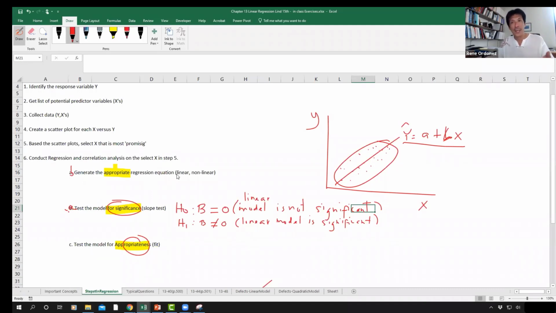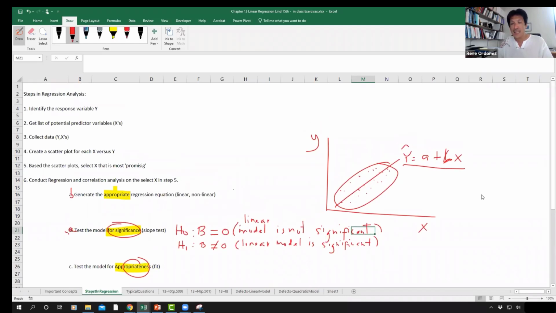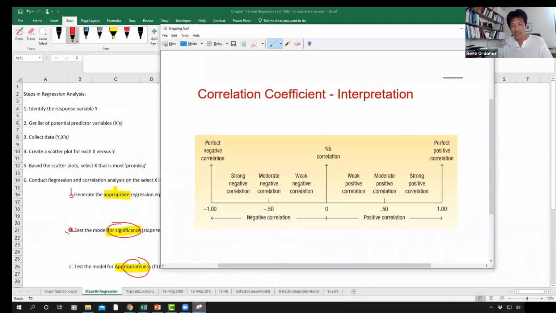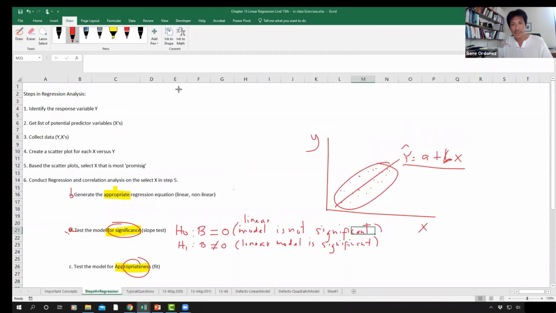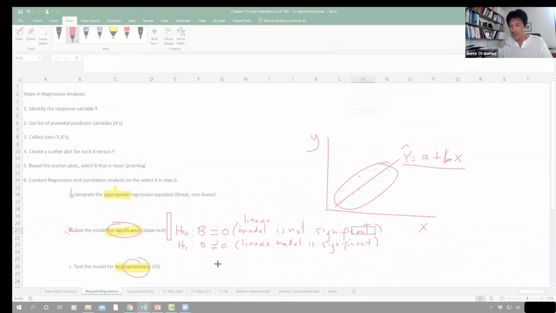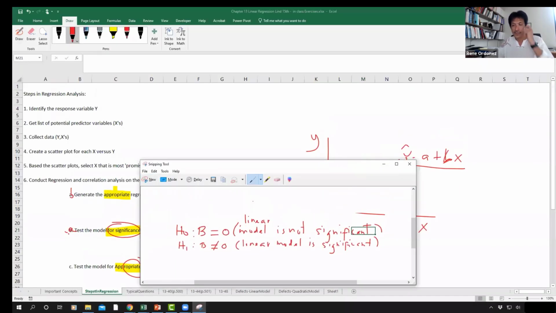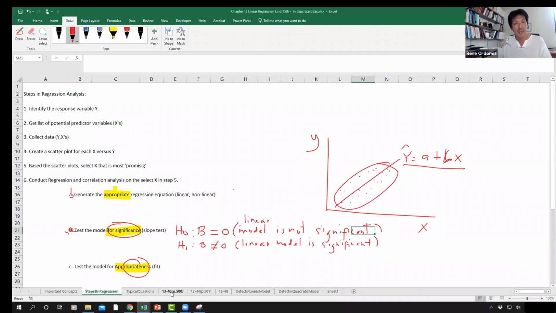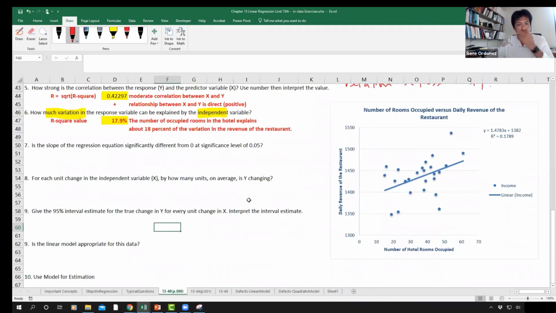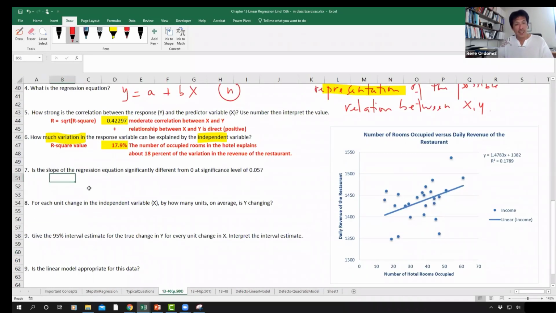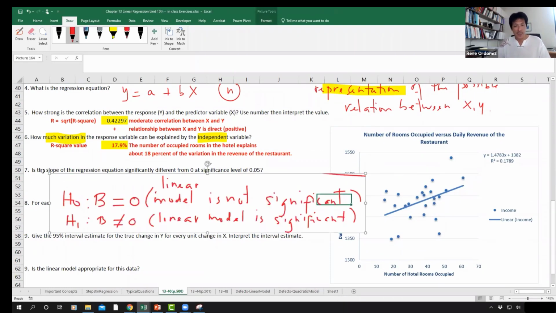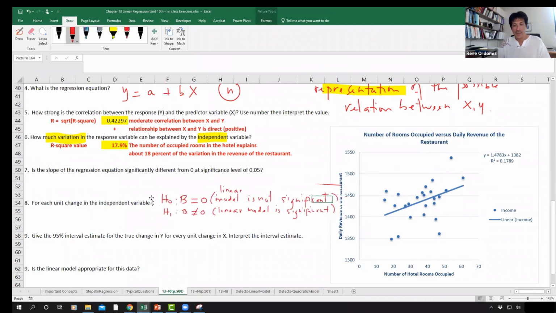Okay, where do we get the p-value? Now, the p-value can be obtained. So let me copy this. Back here, over here. So is the slope of the regression equation significantly different from 0? So we express that in this linear model.